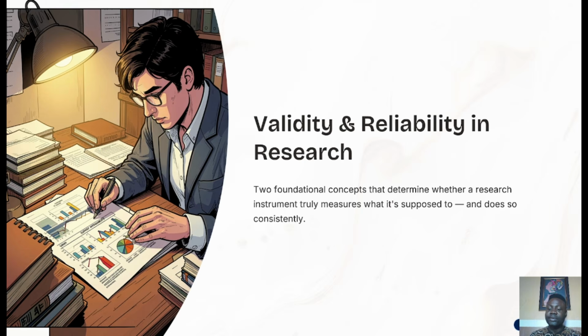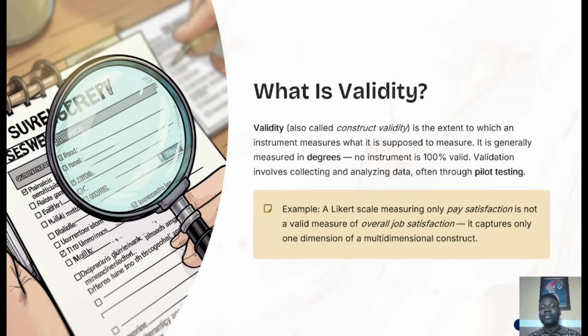Now, doing this is very important in research, because without validity, the instrument is used to collect data, and these data are further processed to come into conclusion concerning variables.